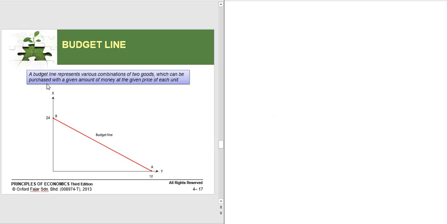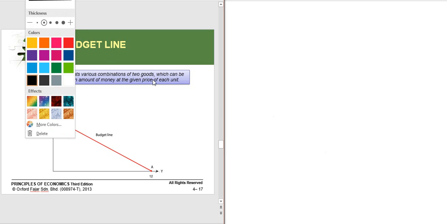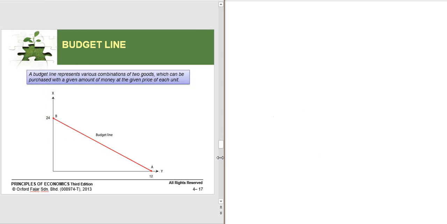Okay, so assuming we have two products here, X and Y, and make a little bit of correction here. It should be product X here. This one should be product X, and this one should be product Y. So make the correction on your slide.